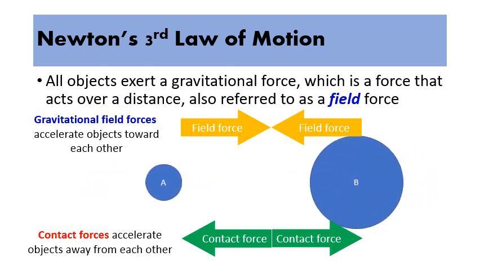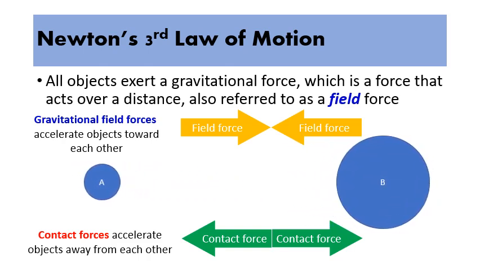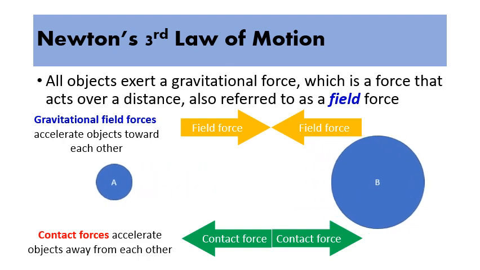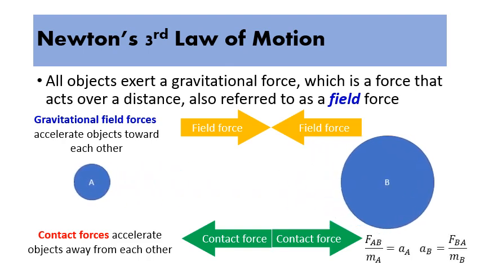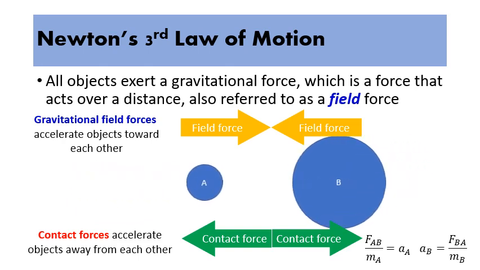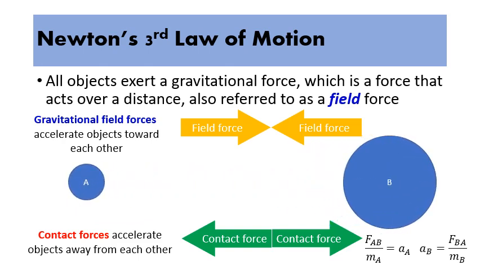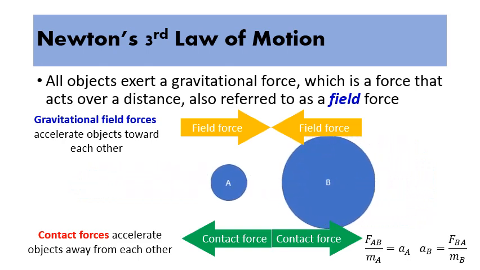Why is that? Well, this is a direct result of Newton's second law, which states that the acceleration is inversely proportional to the mass of the object. Remember that under the third law, the gravitational forces between objects A and B are equal in magnitude.